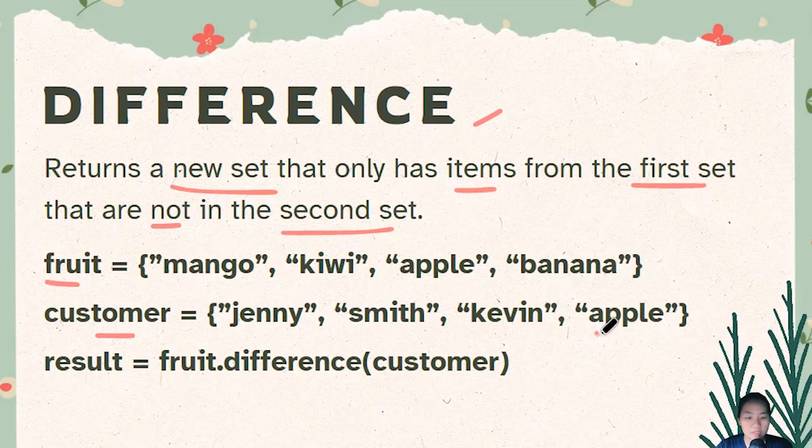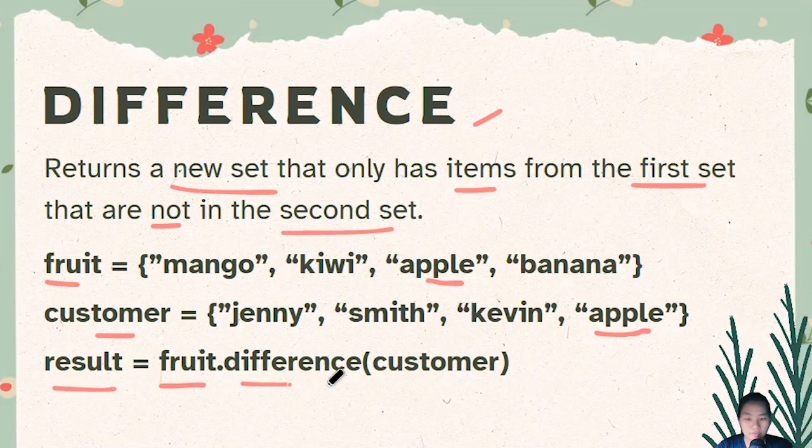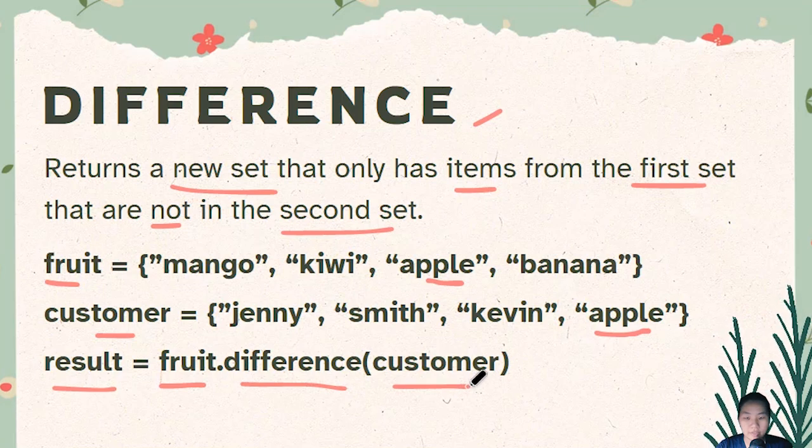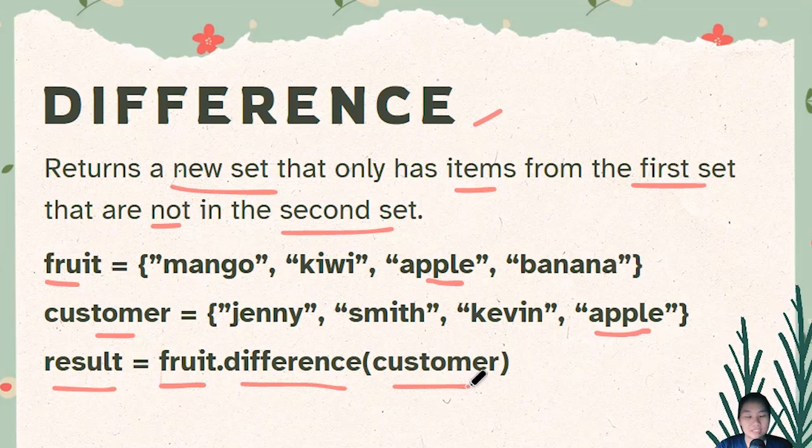The only thing in common is the item apple, and the result, another variable, equates to fruit.difference, passing in customer as the argument for the method. And we will see what this returns in a little bit during our demonstration.